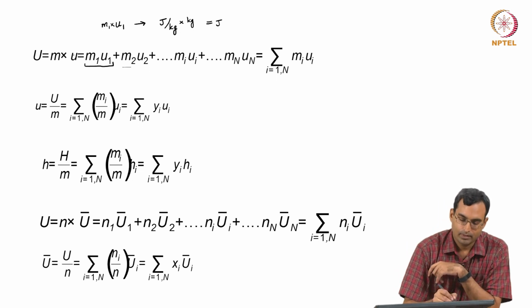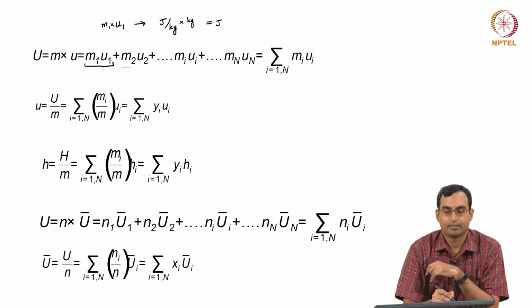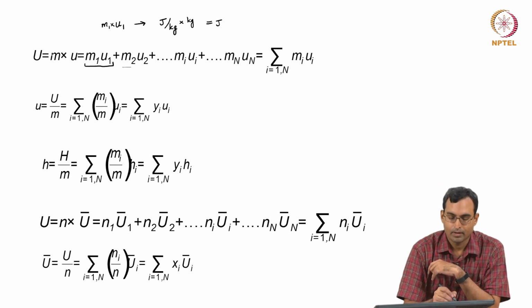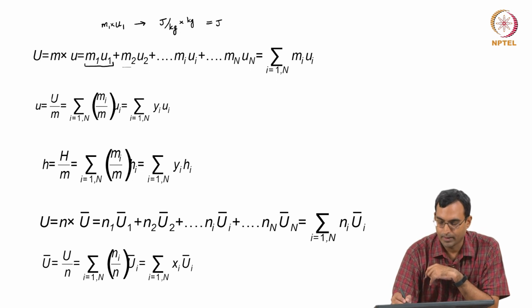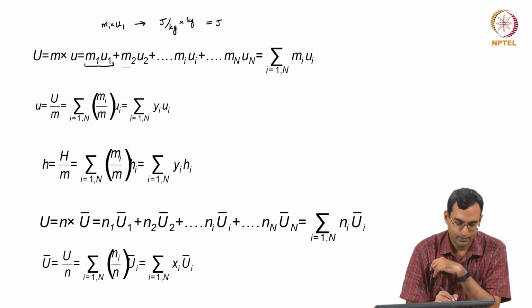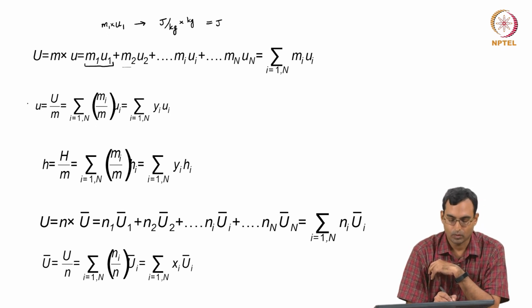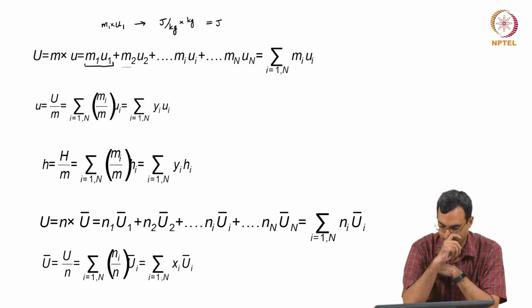So, if I wanted the specific internal energy of this gas mixture, I can divide by the total mass. So, I can take this M from here and bring it down over here, which is what we have done here. So, we take this capital U and divide by small m, which is the total mass, and we get the specific internal energy.